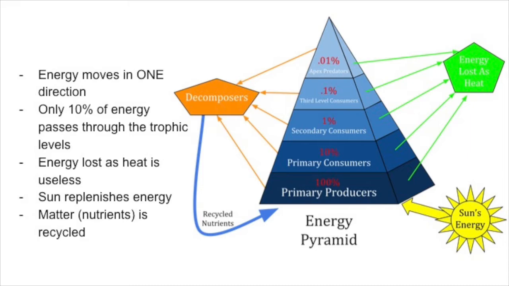This is shown by the orange arrows. And then all of these nutrients, all of the matter that was stored in their body, carbon, nitrogen, oxygen, phosphorus, etc., all of that matter gets recycled back into the ecosystem, recycled back into the food chain or food web.